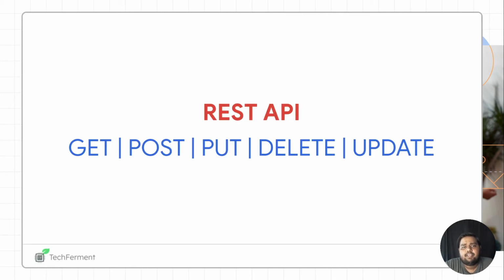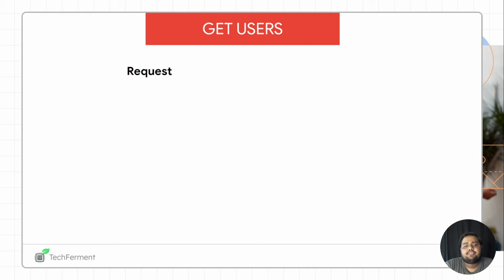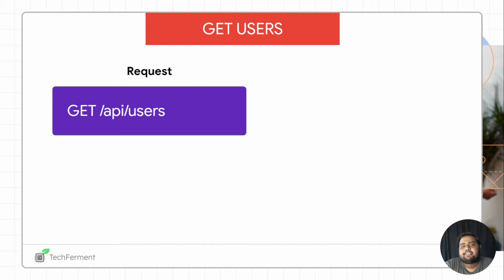So we have REST APIs, let's say GET request, PUT request, POST request, DELETE request, and UPDATE request. I'll give you an example. Let's say I want to create an API for getting data about the users. So my request will be GET /api/user. This is a standard example for getting users' data from the database through the server.